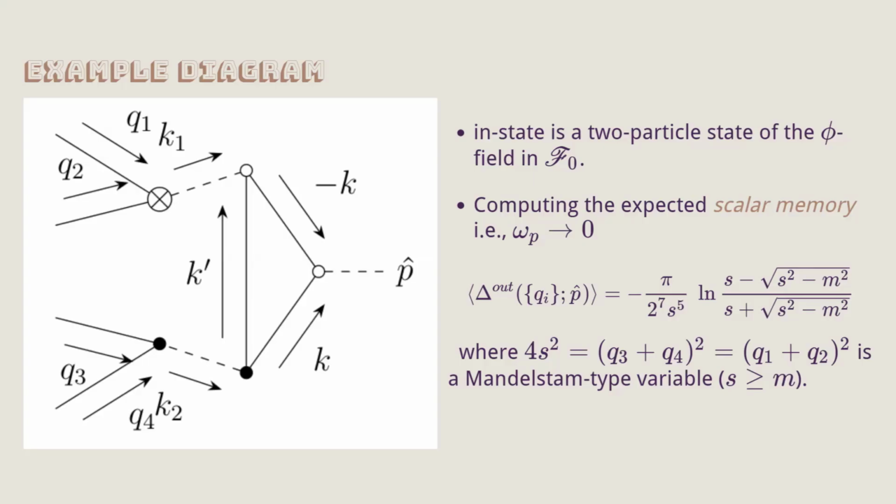Yeah, it's an inclusive calculation, in the sense that you're summing over the out states. You can just put an infrared cutoff. The standard way to do it is just to put an infrared cutoff. Just calculate this waveform, sum over the out states, and then take it away.